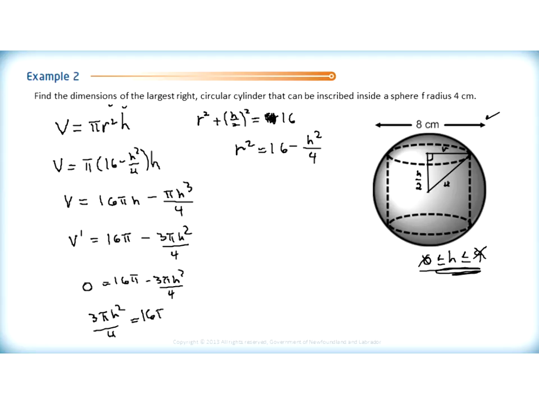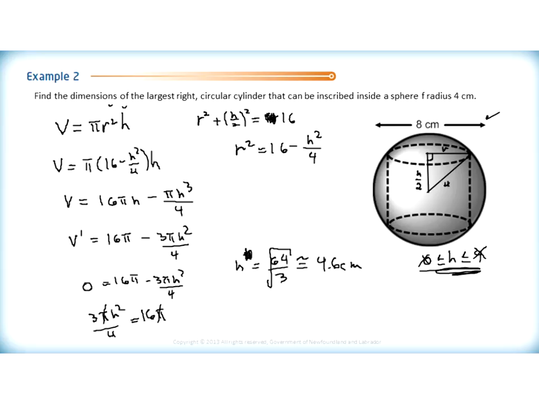And we can see that a quick division would get rid of the pi's. And so h squared then would be equal to 4 times 16, which is 64, over 3, and then square rooted to give us just a value for h. Okay, and I think my handy-dandy calculator tells me that that's about 4.6 centimeters. So I should make the height of my cylinder 4.6 centimeters.